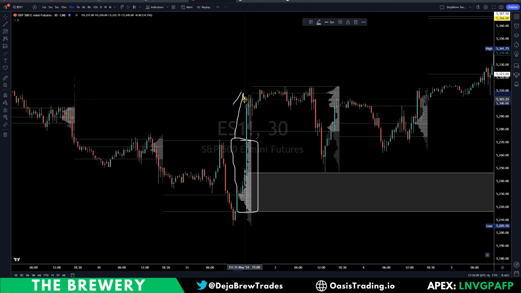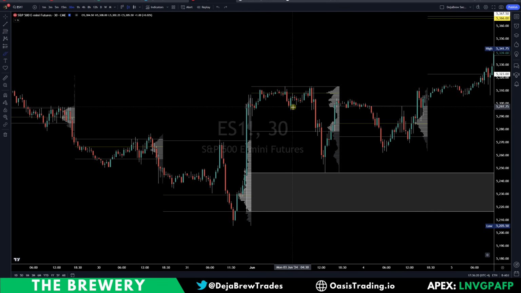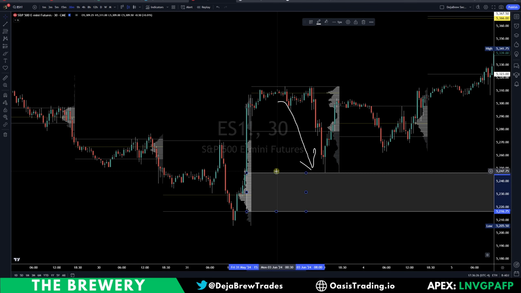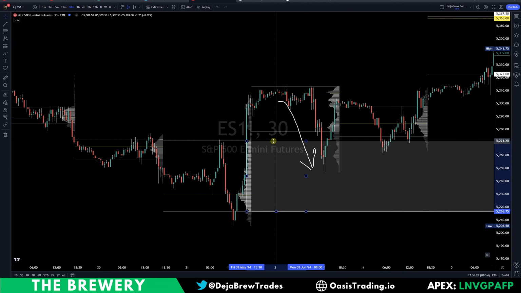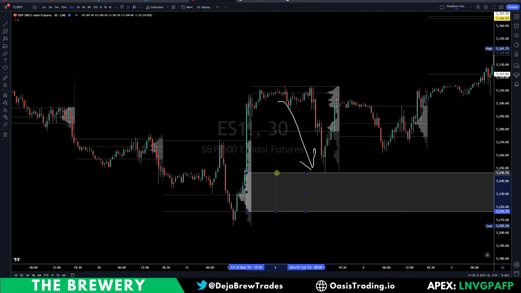So you broke out of value on the close, built value outside of the prior value area, but they said, I don't know, that's not enough, right? Let's go back and retest old value. So that's what they did. They came back to retest old value. You can see here, this was the value area to begin with. It retraced down to here, leaving open this large incomplete auction.